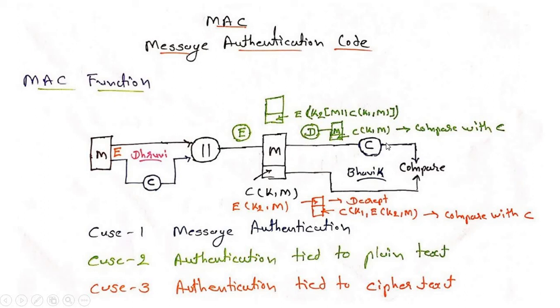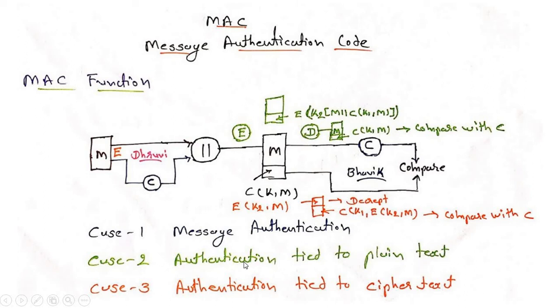By applying the receiver side decryption key, the receiver will compare it with the original message, and if the receiver gets both the same, the receiver will know that the message is authenticated from the source side.